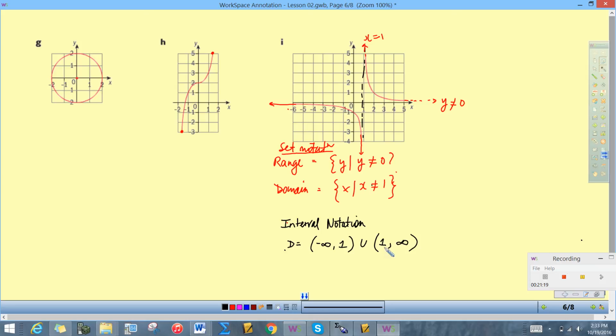So notice that we're not including the 1 in there. For the range, we go from negative infinity all the way to 0, union from 0 to infinity.